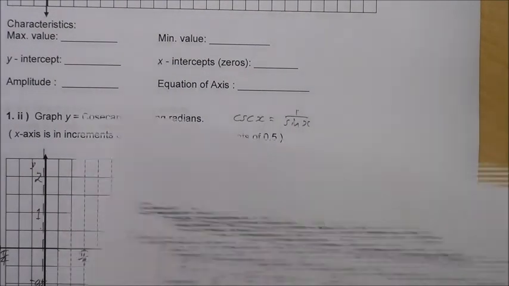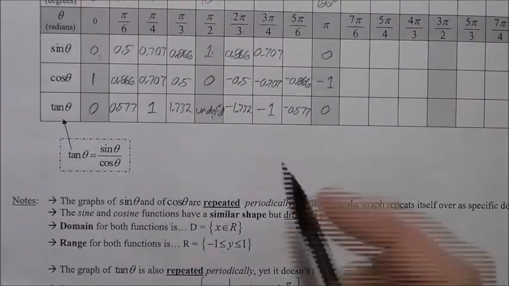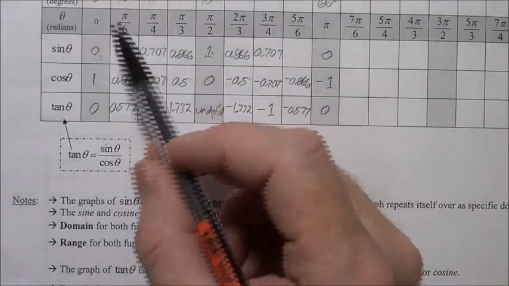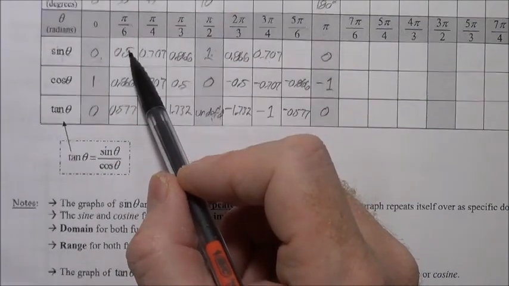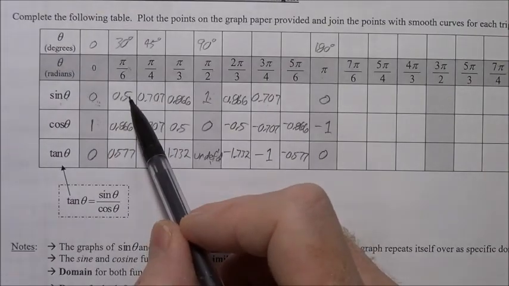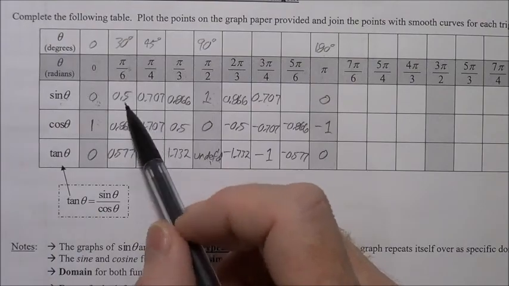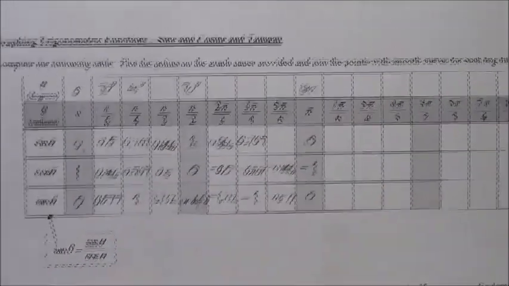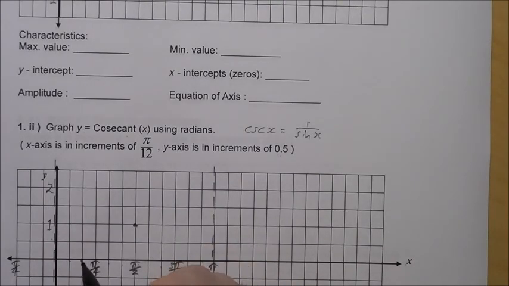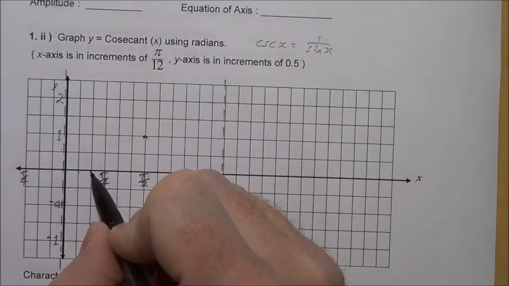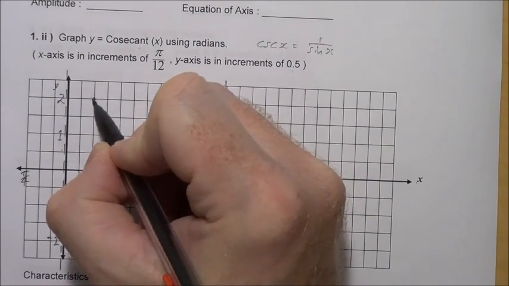I'll then go to other ones that are a little bit easier. So this is at the sine of pi by 6. We're doing 1 divided by 0.5, and if you do 1 divided by a half, when you divide fractions you flip and multiply, so 1 divided by a half is going to actually be 2. So at pi by 6 here, the value for cosecant is going to be 2.